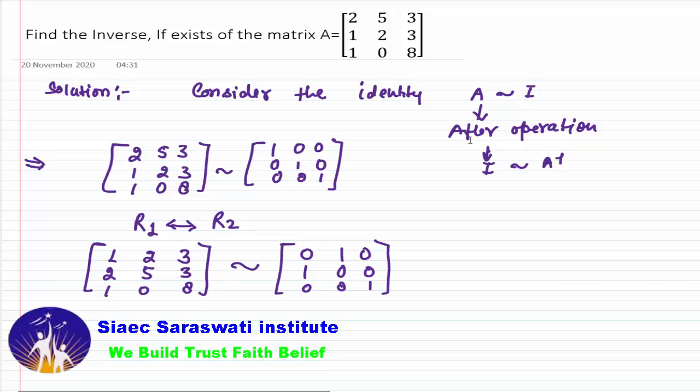Then what we have to do, we have to make the zeros here. So we have to make zeros in place of 2 and in place of 1. So for that we apply some property.